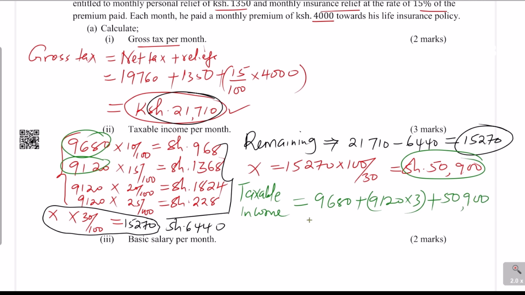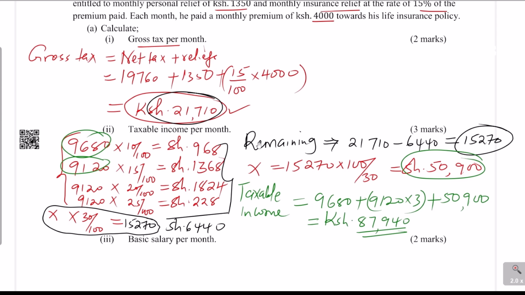That will give us the total taxable income. So when you add that, you will get 87,940. So that is the answer for that part, the taxable income.